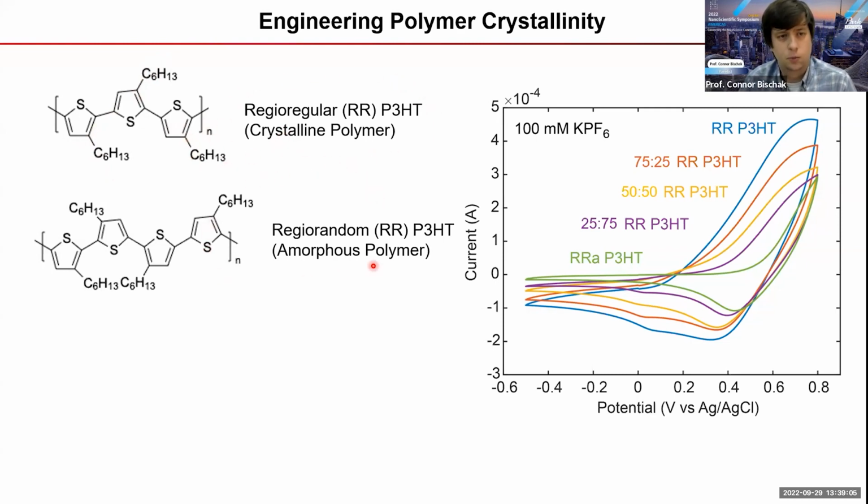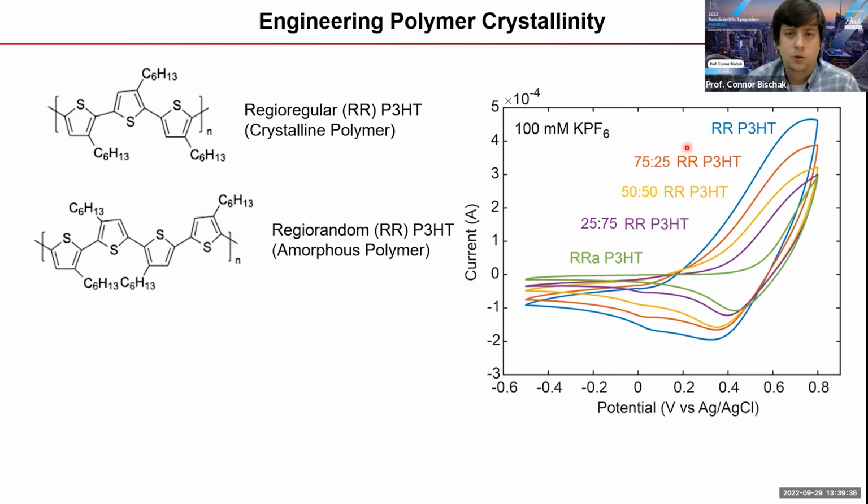Its partner is regiorandom P3HT, which now has our hydrocarbon side chain on different, or random, carbons on this thiophene backbone, and this leads to an amorphous polymer. And so what we did was we took a range of blends of these two different polymers, all the way from 100% amorphous to 100% crystalline, to see how ion injection would change.